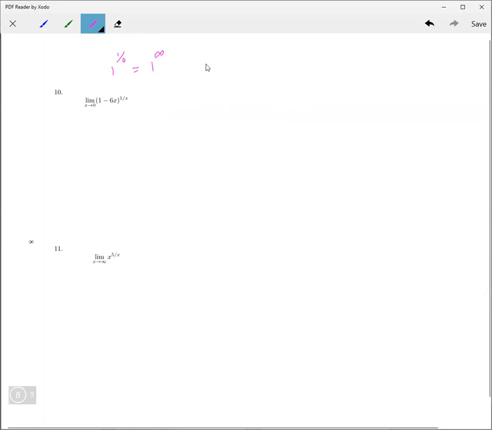Now, to handle exponents, take logarithms. This is how you do it. When it's exponents, like 1 to the infinity, or any of the other indeterminate forms that have something raised to a power of another.